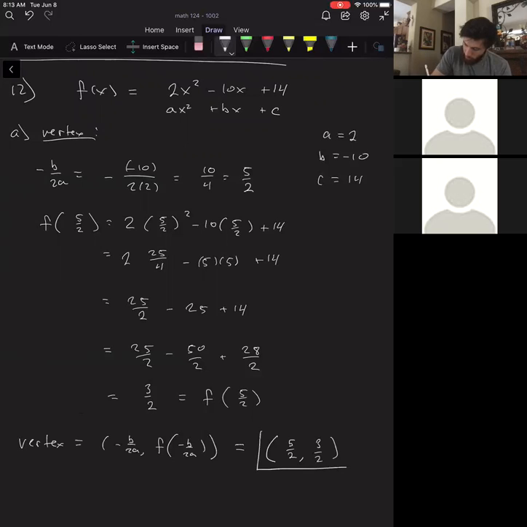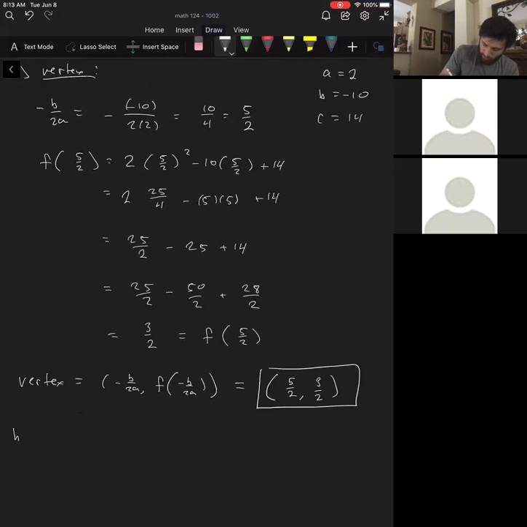So this is going to be our vertex. And now part B, the axis of symmetry. The axis of symmetry is always just x equals the x coordinate of the vertex, which is 5 over 2. So it's just x equals 5 over 2.